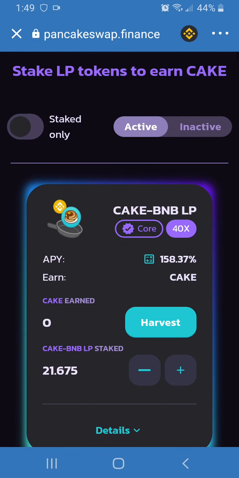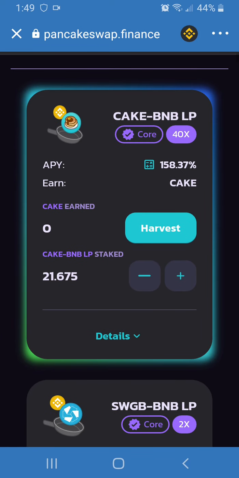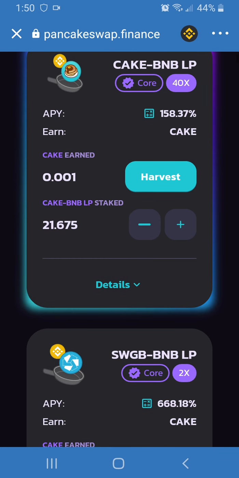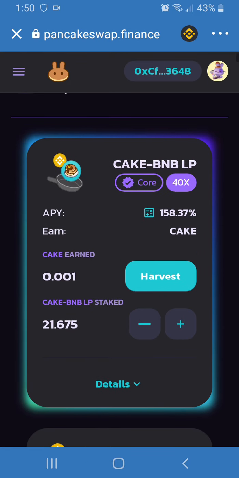So you can either have it cashed out, or you could compound it, add it back in. You might also notice that I'm earning cake while I have LP tokens staked. So my staking includes both BNB tokens and cake at their appropriate ratio. It's like 20 to 1, so every token's worth about 20 cake and about 1 BNB.